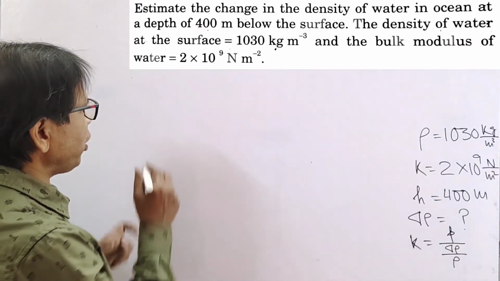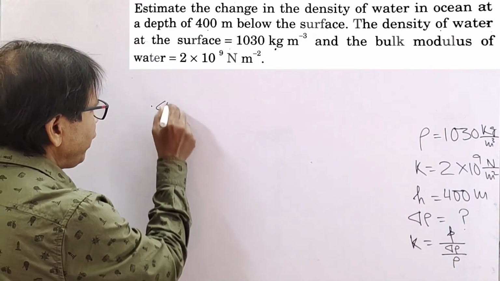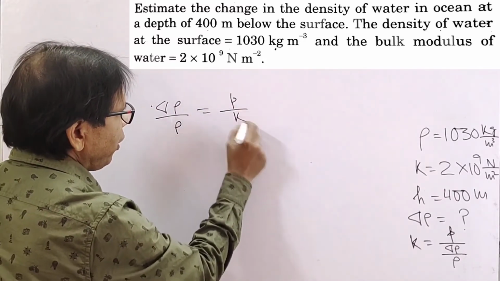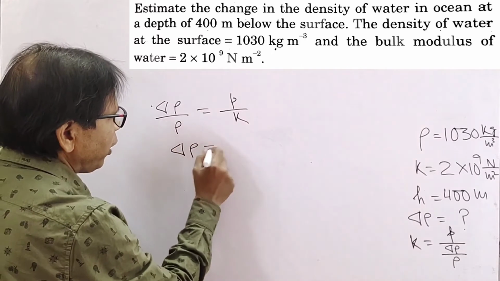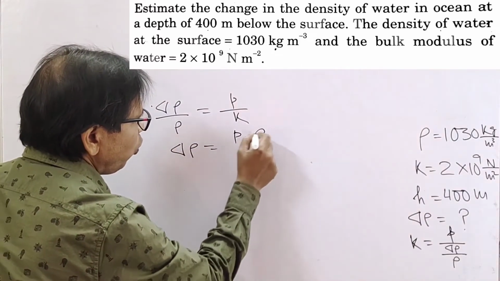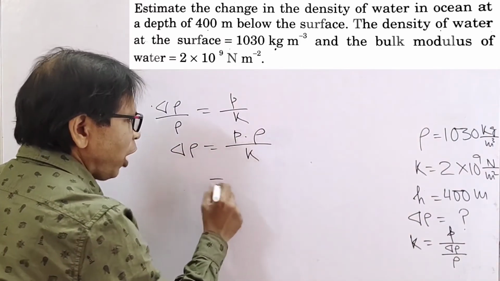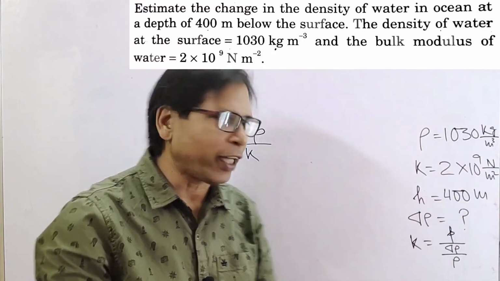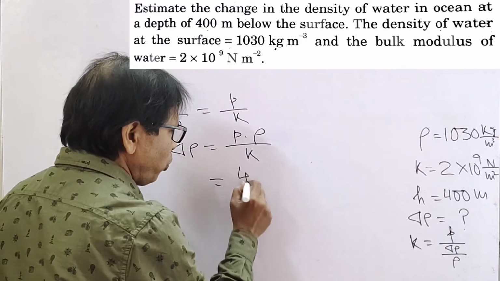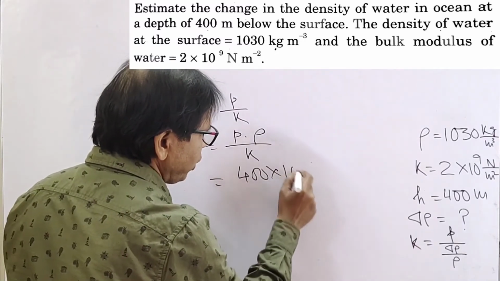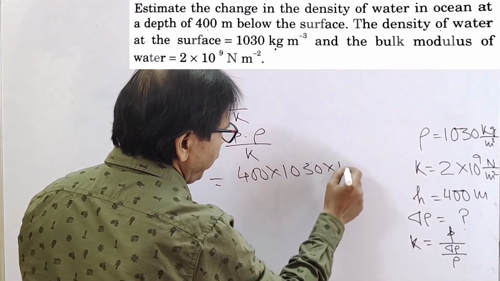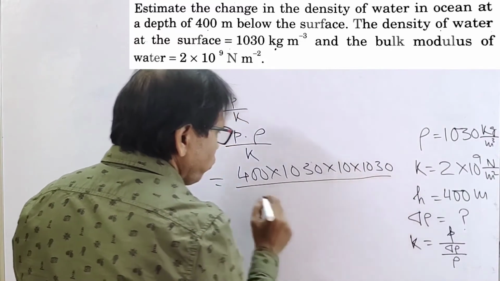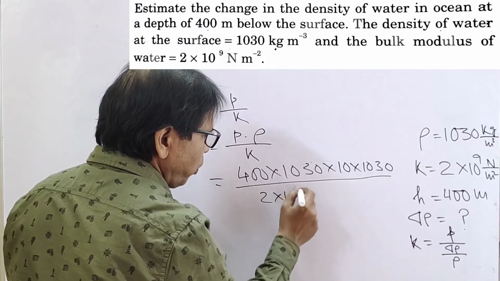So from this equation we can write delta rho by rho equals P by K. Therefore delta rho equals P into rho divided by K. Now P is the pressure of a 400 meter water column. So this is 400 into 1030 into 10, into 1030, divided by 2 into 10 to the power 9.